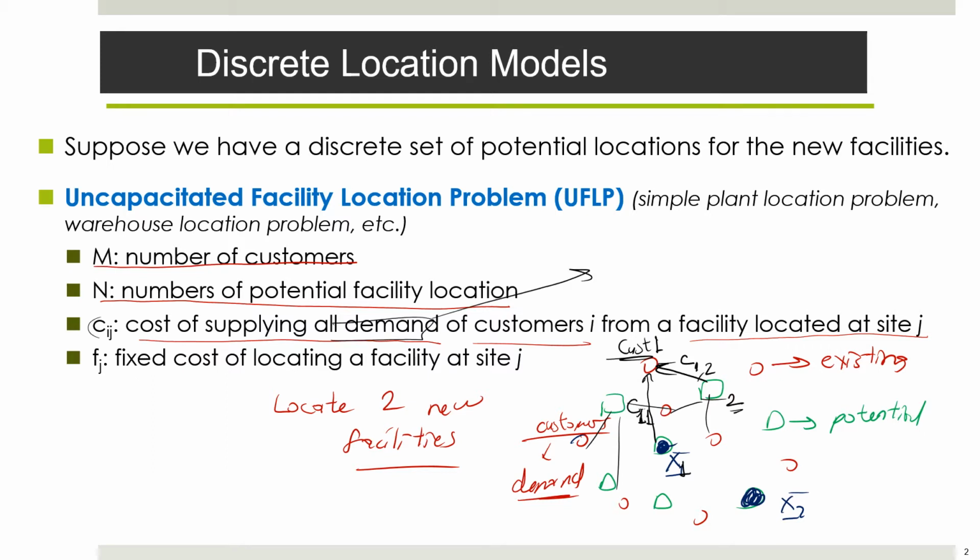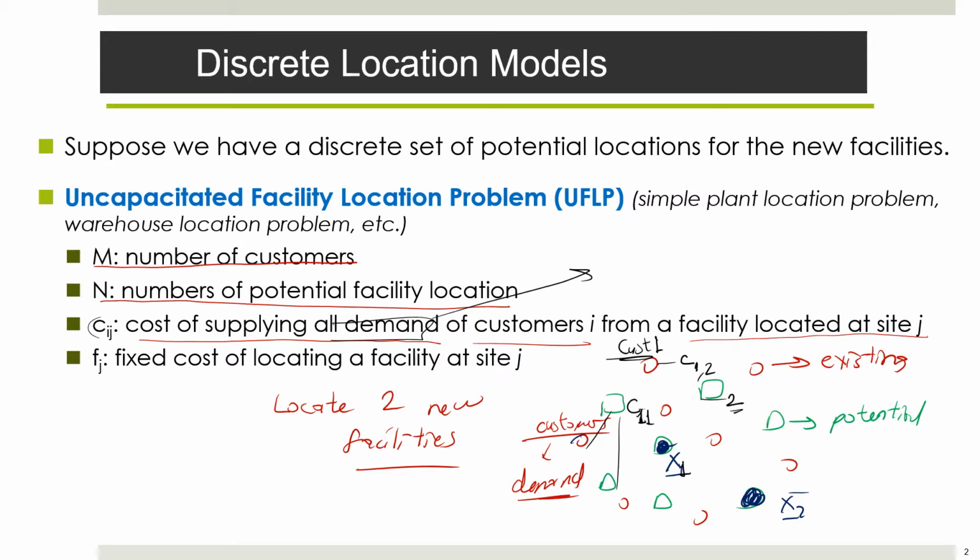And this demand can be divided between multiple facilities. What do I mean? Assume we want to satisfy the demand of this customer 1, and we are going to locate, let's say, 2 new facilities.